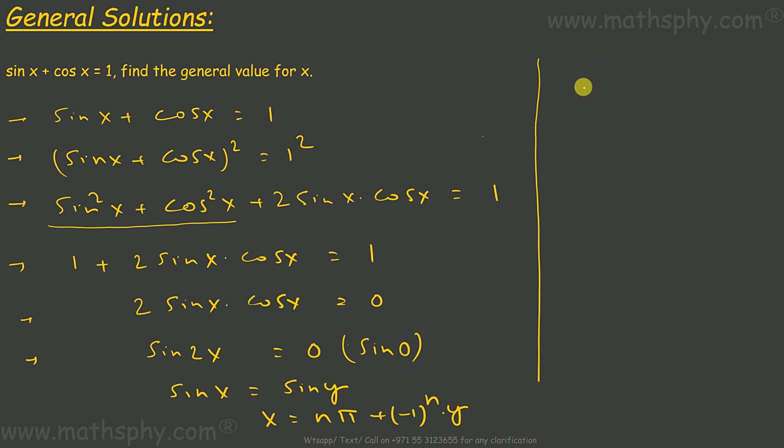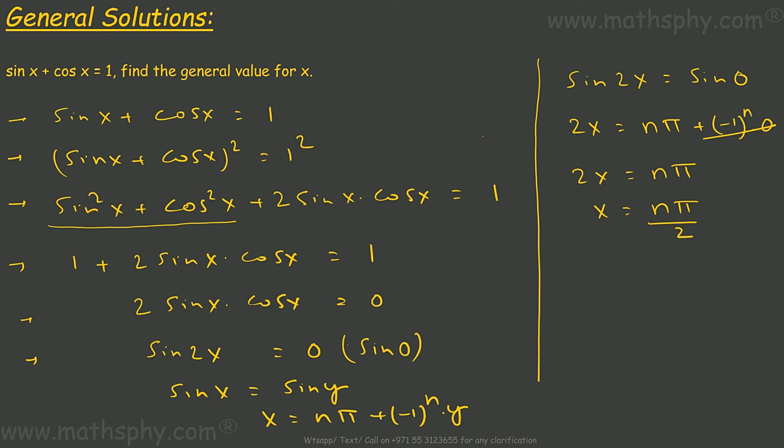So I'll write here sin 2x equals sin 0, means 2x equals n pi plus minus 1 raised to n into 0. This can again be cancelled. So 2x equals n pi. So x can be n pi over 2, where n is an integer. Alright, so general solution for x can be n pi over 2 for this equation.